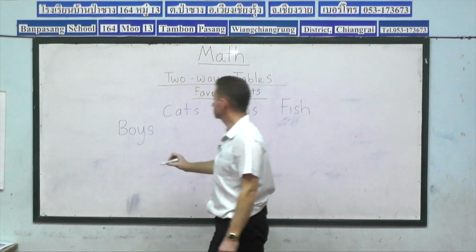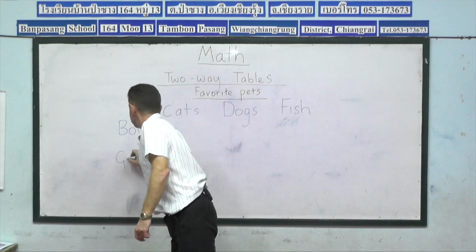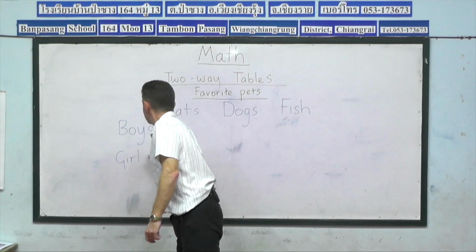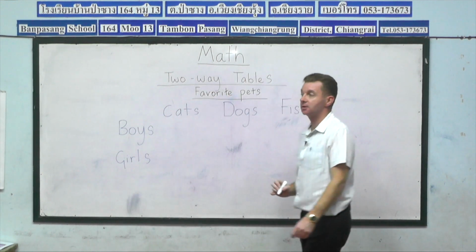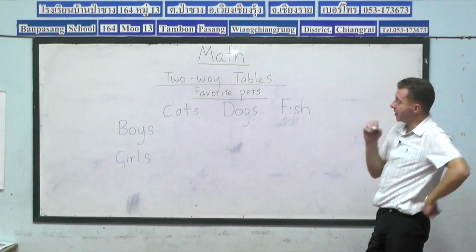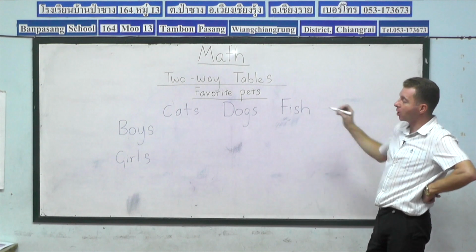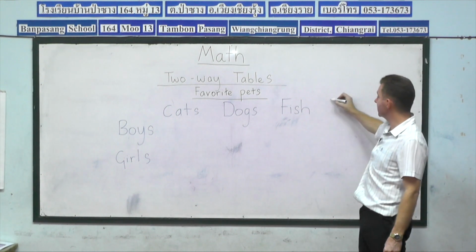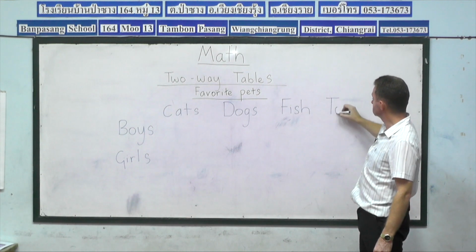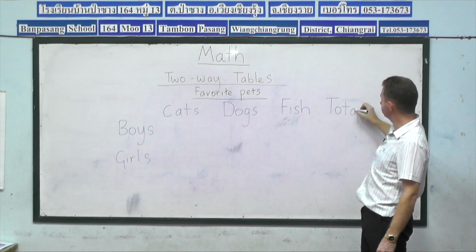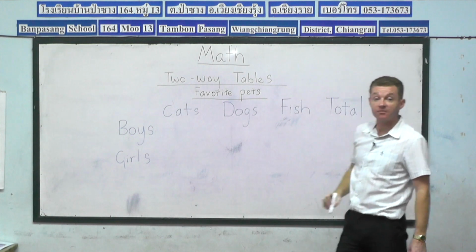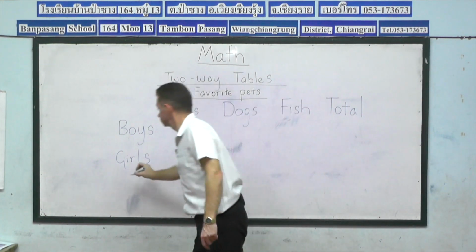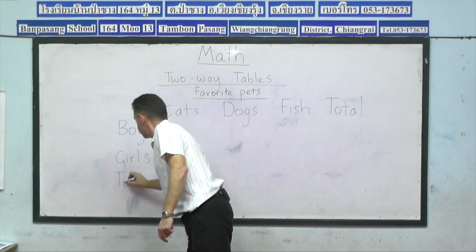And girls, G-I-R-L-S. Okay. So what we need now, when we've got the information, because it's a two-way table, is the total at both sides. So we need a total here, and we need a total here, because we can read the information 2 ways.